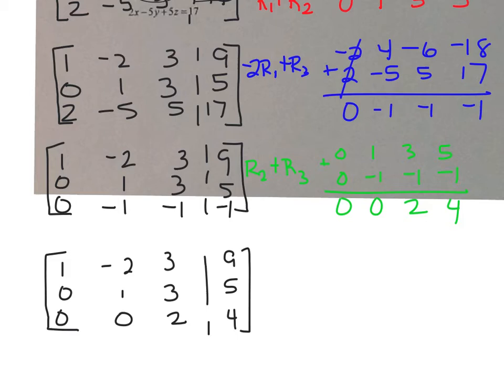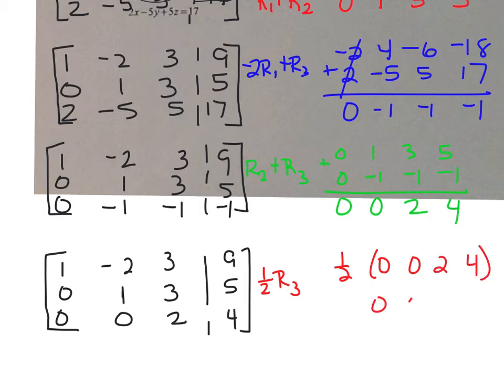Okay, so now let's see what we have here. So I have a 1, 0, 0, 1, a 0. Now I need this 2 to become a 1. So in order for the 2 to become a 1, I have to do half row 3. So I'm going to do 1/2, 0, 0, 2, 4.